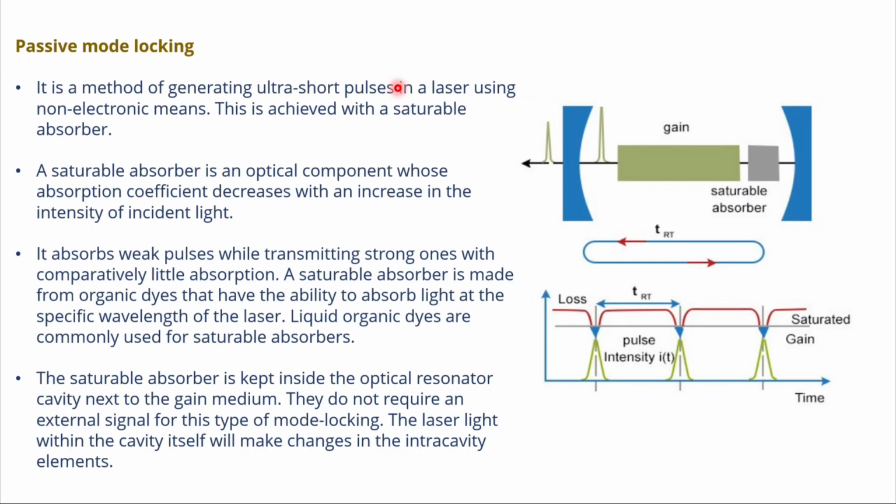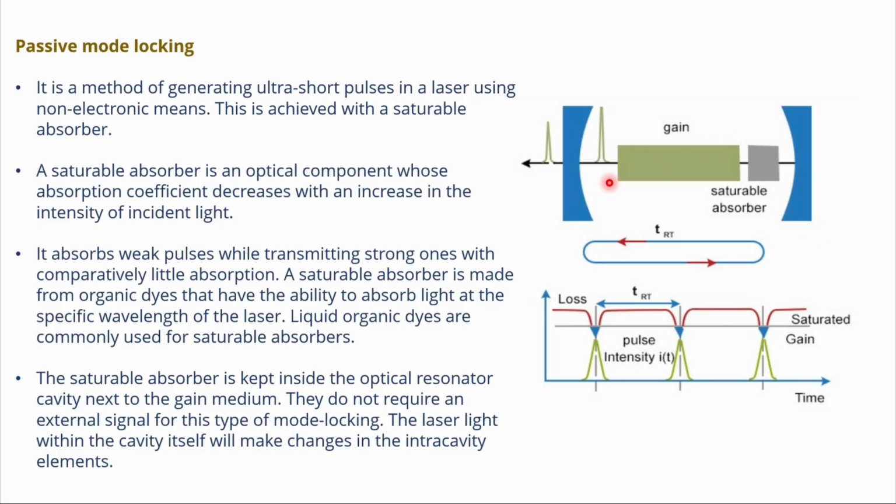Now the passive mode locking. In passive mode locking, we will see how it works. It is a method of generating ultra-short pulses in a laser using non-electronic means, unlike the electro-optic modulator we used in active mode locking. Here we are using a saturable absorber. This is the saturable absorber.